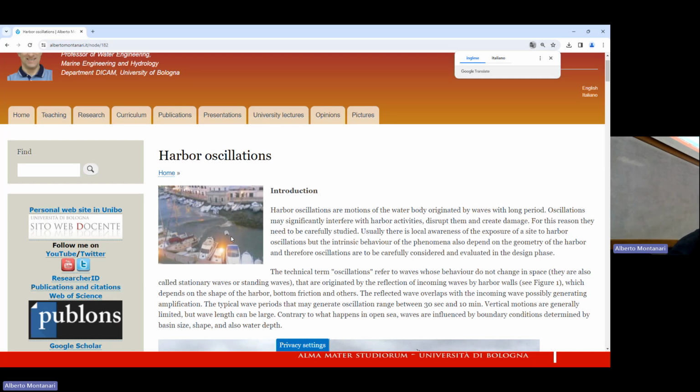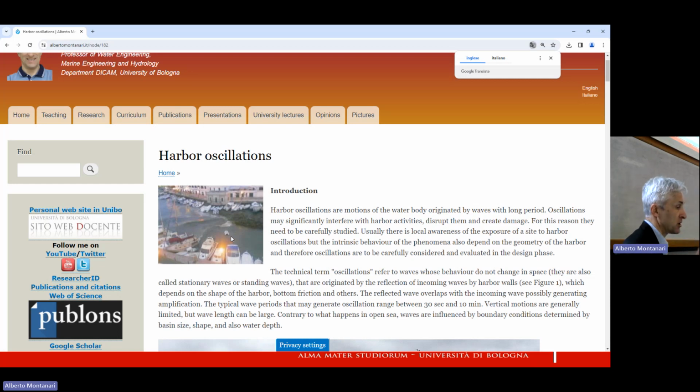Resonance means that when you have a harmonic motion like waves, a periodic motion, if the forcing continues, the amplitude of the oscillation may increase indefinitely, and therefore may lead to the formation of very huge waves.